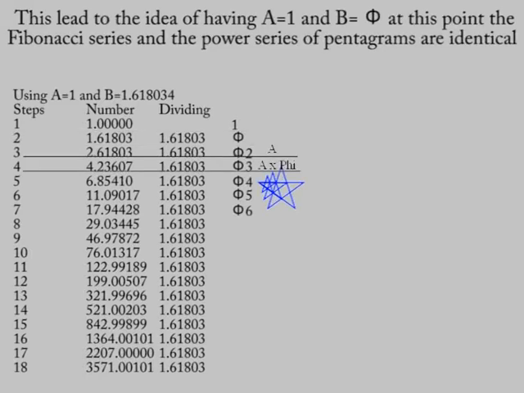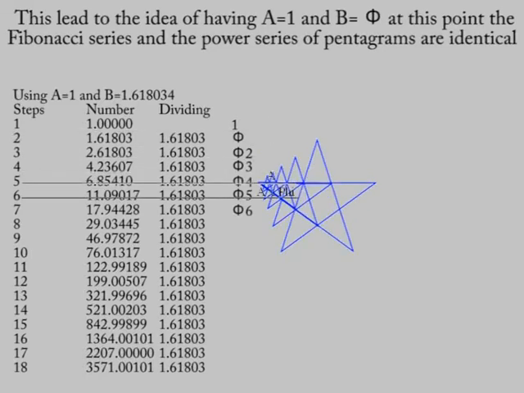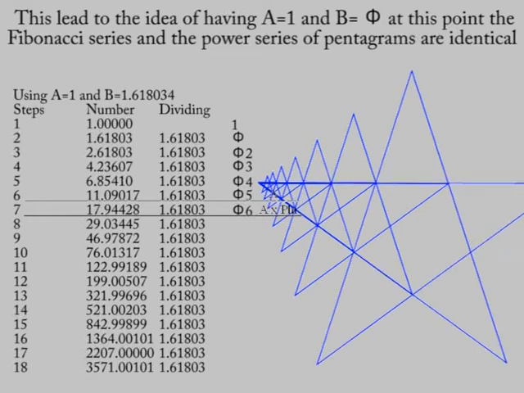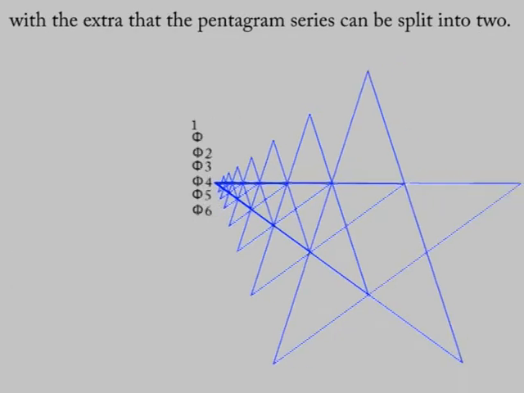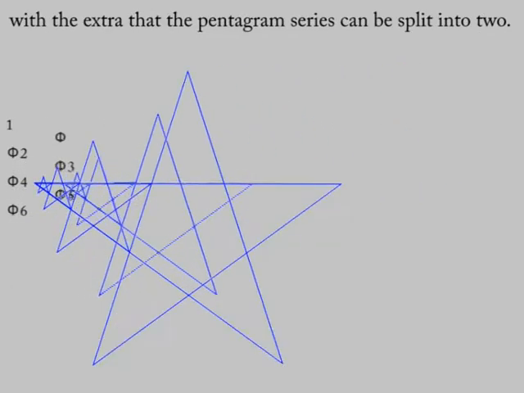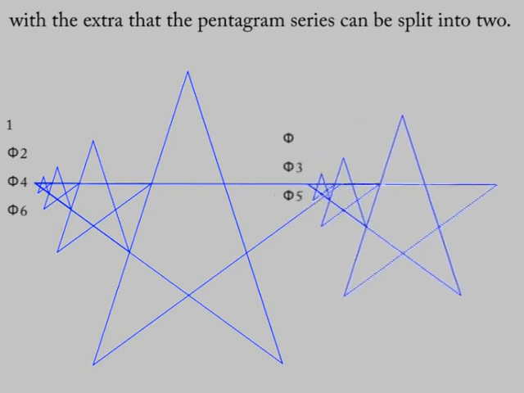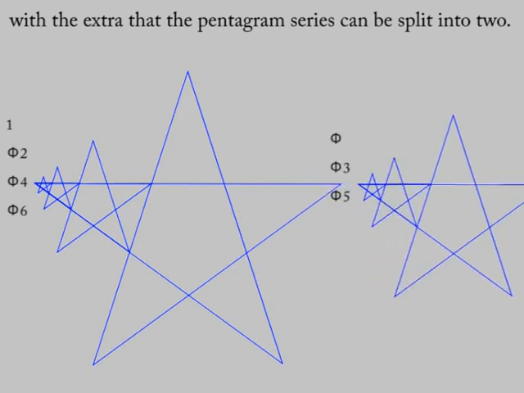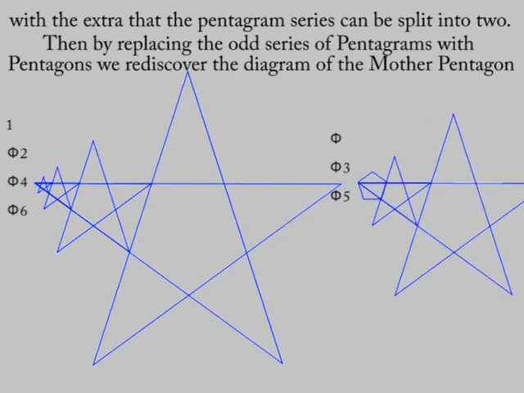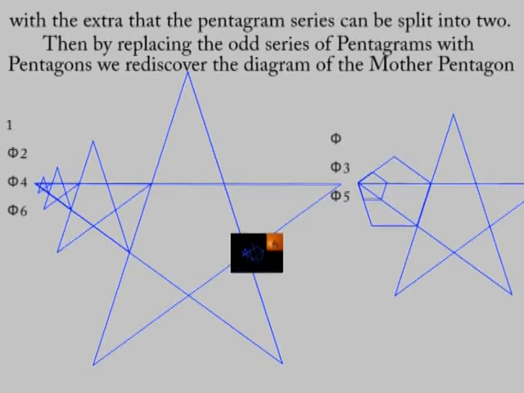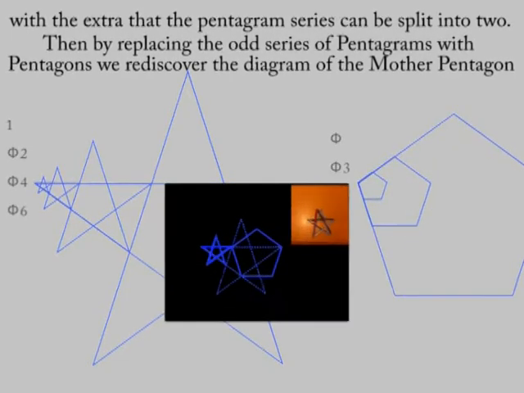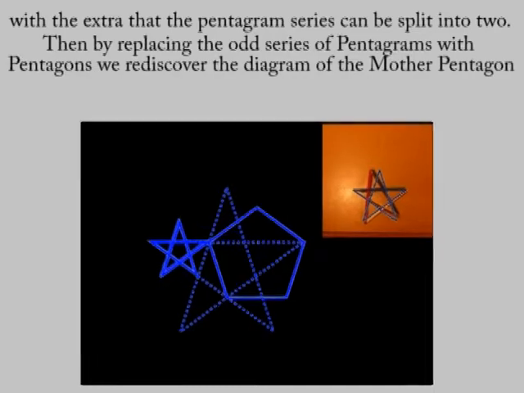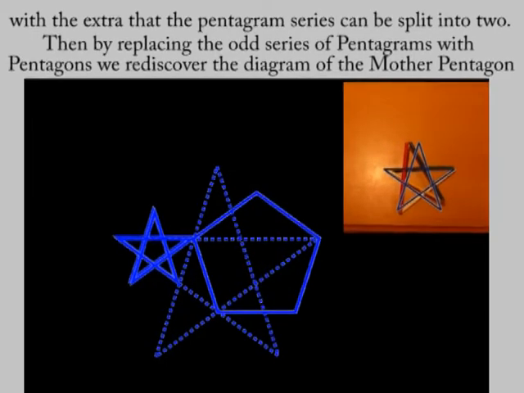At this point, the Fibonacci series and the power series of pentagrams are identical, with the extra that the pentagrammic series can be split into two. Then, by replacing the odd series of pentagrams with pentagons, we rediscover the diagram of the mother pentagon.